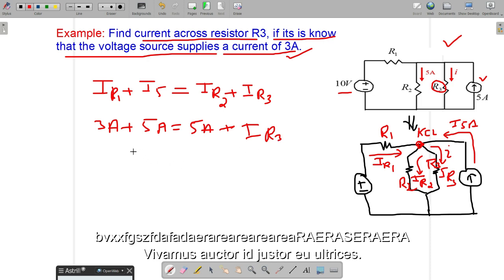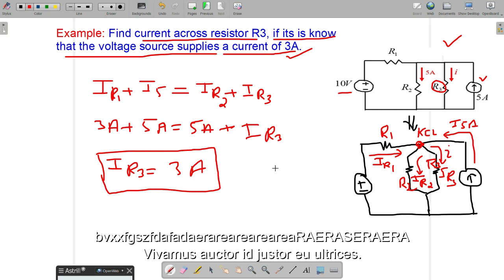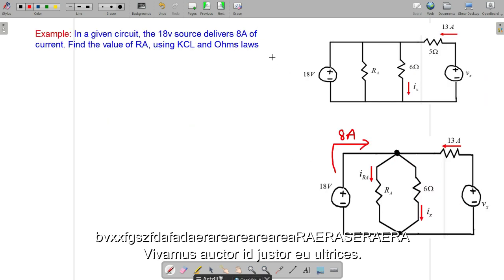After solving the above equation, IR3 we get is equal to 3 ampere. So you can see that we can apply Kirchhoff current law on any point and can find the current across any branch very easily. We take another example in order to further elaborate on Kirchhoff current law.